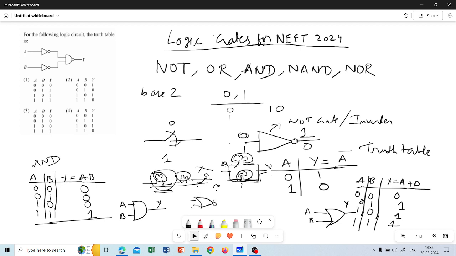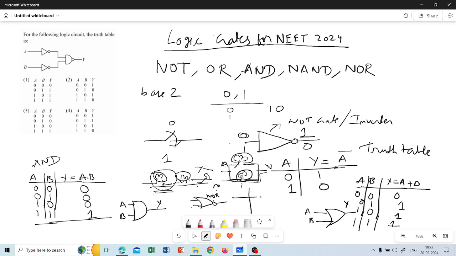If I keep a bubble here, take this as the OR gate, then this is the NOR gate. Wherever there is an input it will be the same, but for the output, wherever there is 1, it will become 0, and wherever there is 0, it will become 1.